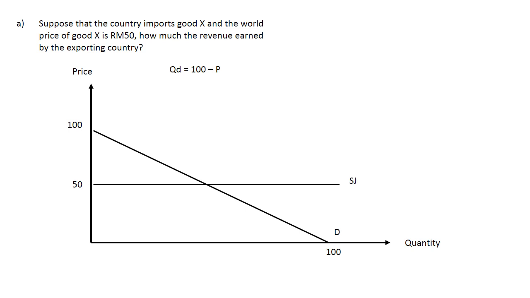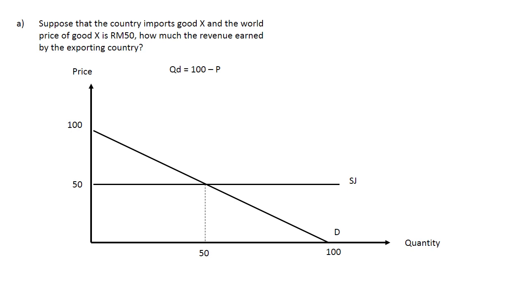This is SJ, your supply curve. How much is the quantity demanded and quantity supplied? You will get 50 units of good X supplied by the exporting country, and 50 units of good X also demanded by our local consumers.